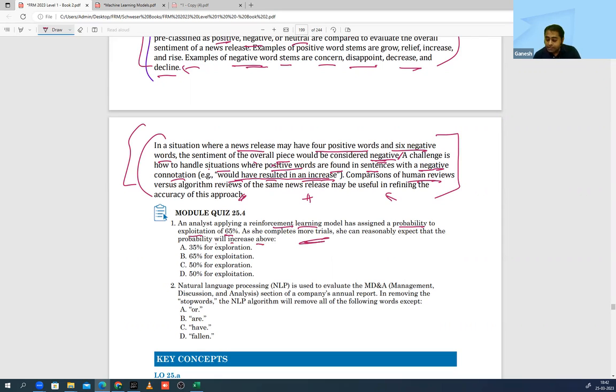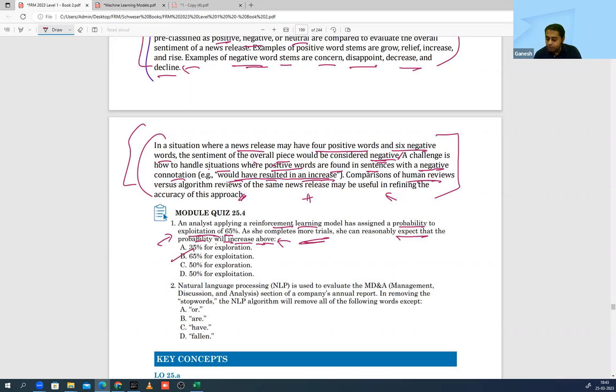She reasonably expects that the probability will increase above what? हाँ, 65% से ऊपर जाएगा ना, because the more trained I am, the more chances that my probability of exploitation will increase, which means I'll be more confident that यही pick करना है because of my base knowledge. So answer has to be B, na? 65% of probability that will increase.